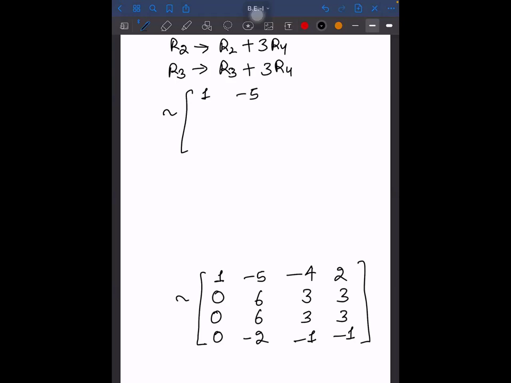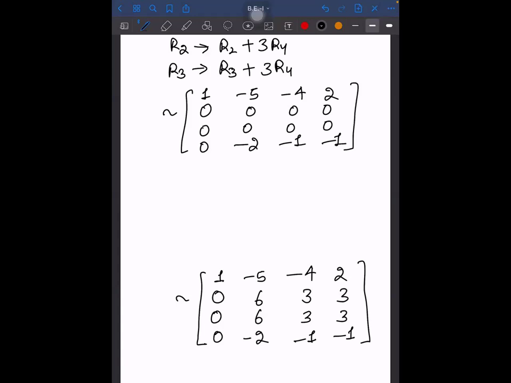First row will remain the same, next will be 0, next will be 0, and we are left with -2, -1, -1.